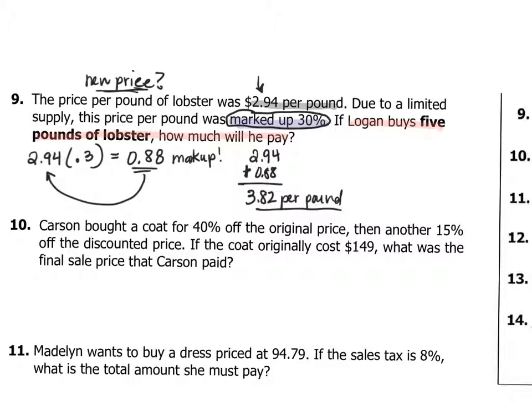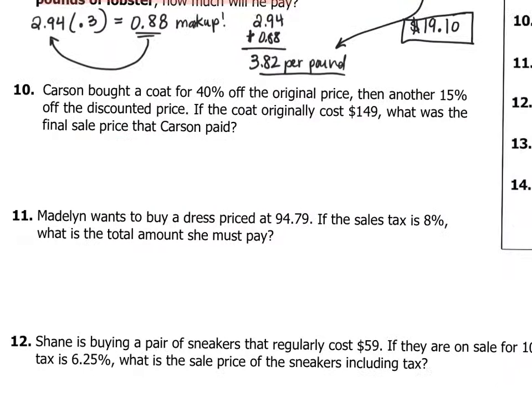As a result of this limited supply, the price is now $3.82 per pound. Logan buys 5 pounds, so we multiply $3.82 by 5 to get $19.10. That's how much Logan spent for 5 pounds of lobster. That was $3.82 per pound because it used to be $2.94, but it got marked up by 30%.